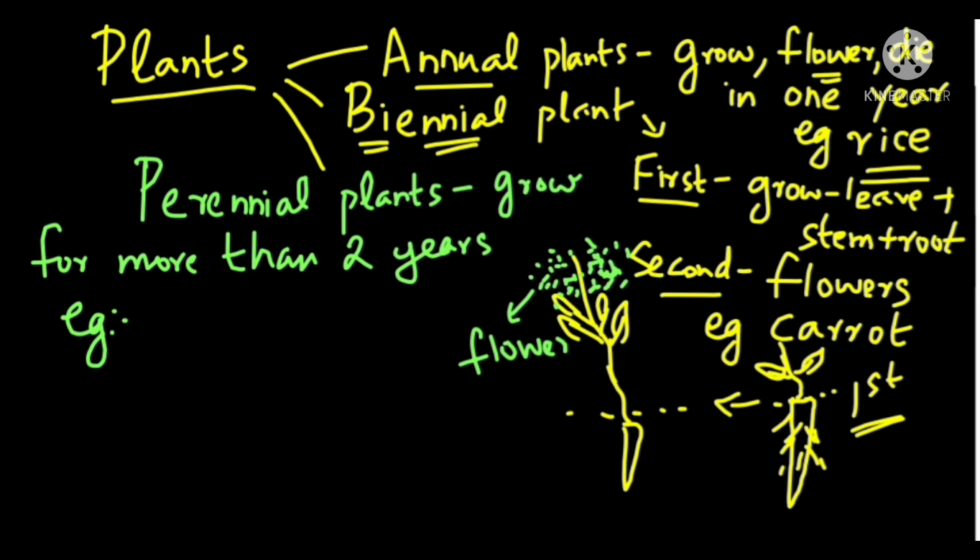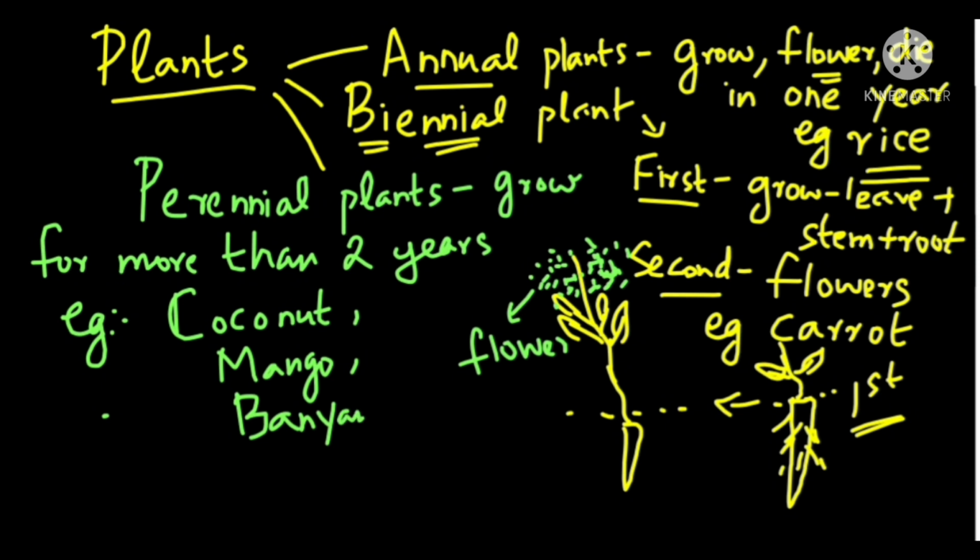Do you know any such plant or tree? Yes. Okay, coconut. Then mango is also there. And the longest will be the banyan tree. Now, the banyan tree lives for many years.